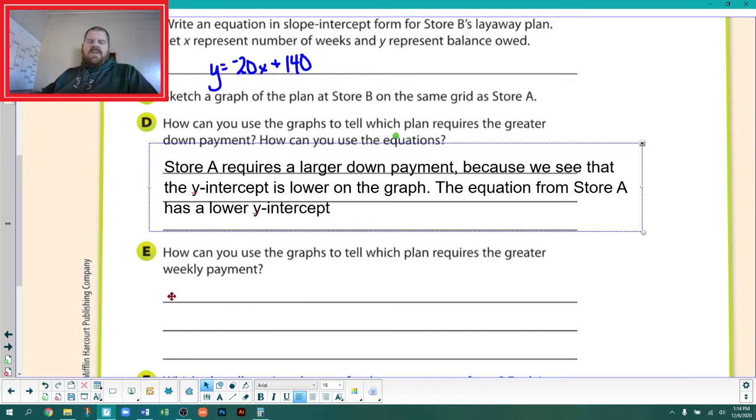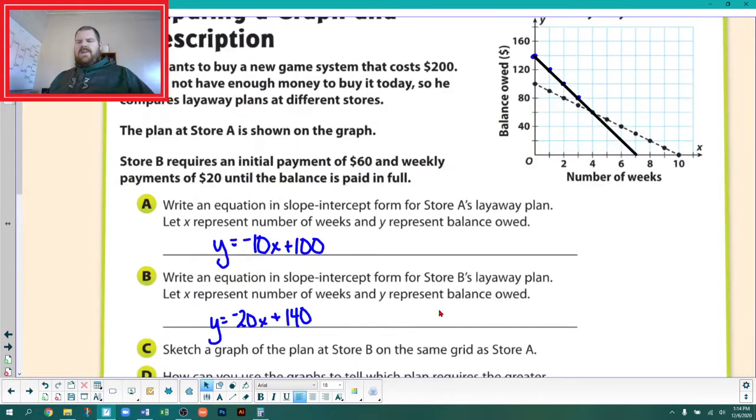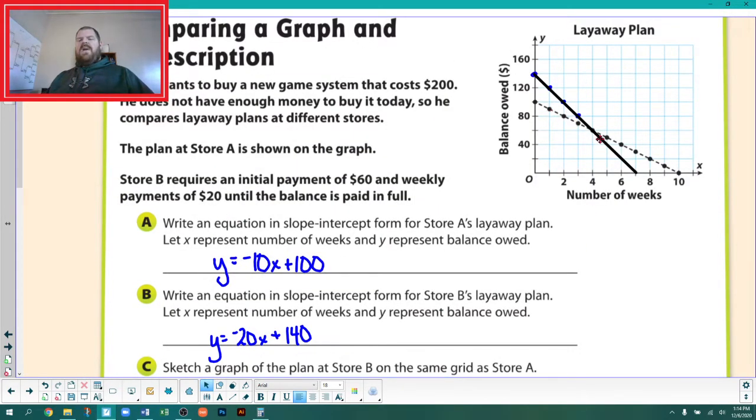How can you use the graphs to determine? Let me just start typing. That's going to be a big size. Let's go back to that 18. How can we use the graphs to tell which plan has a greater weekly payment? So which one has a greater weekly payment? It was store B. They required $20 a week to be paid. Okay?